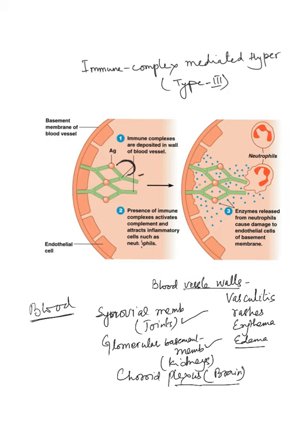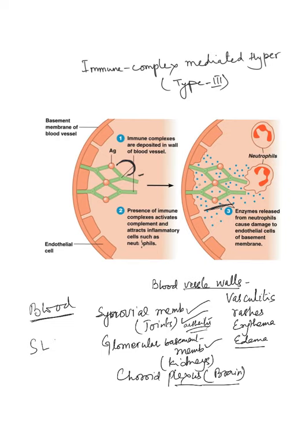Depending upon where these immune complexes are generated, the neutrophils would be attracted to the site, and they can cause the damage. So you can think of arthritis, right? For example, in case of synovial membranes. So wherever the immune complexes are deposited, it can also lead to autoimmune diseases.